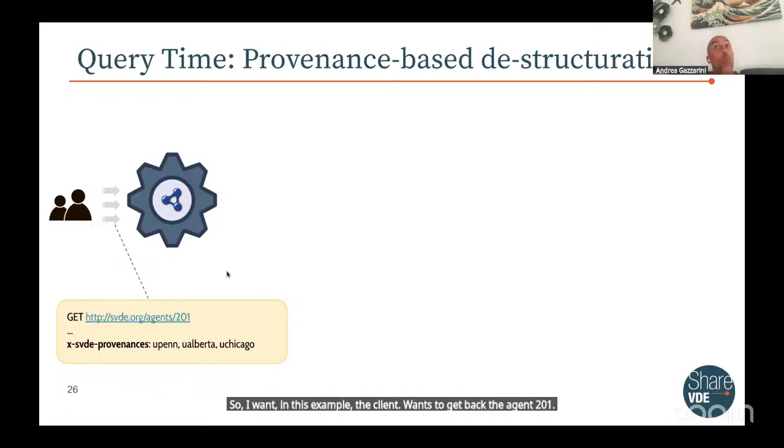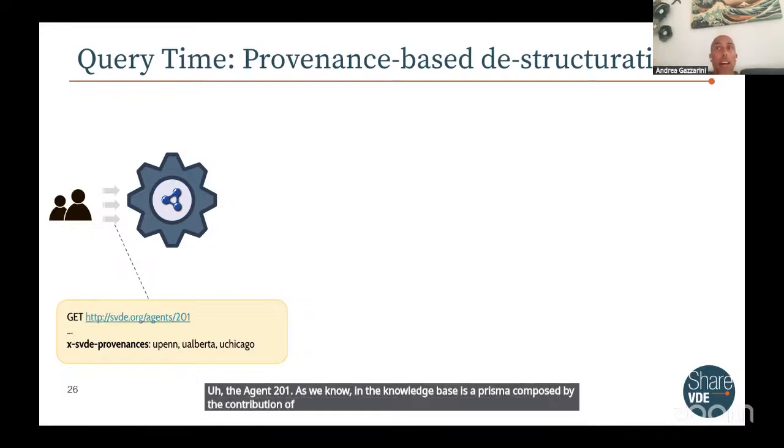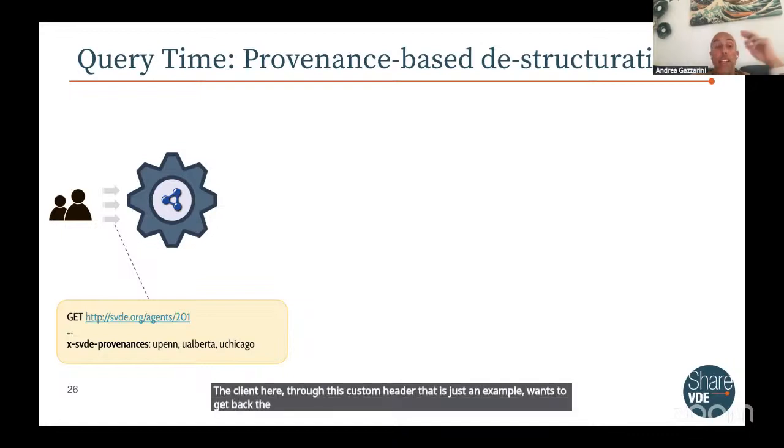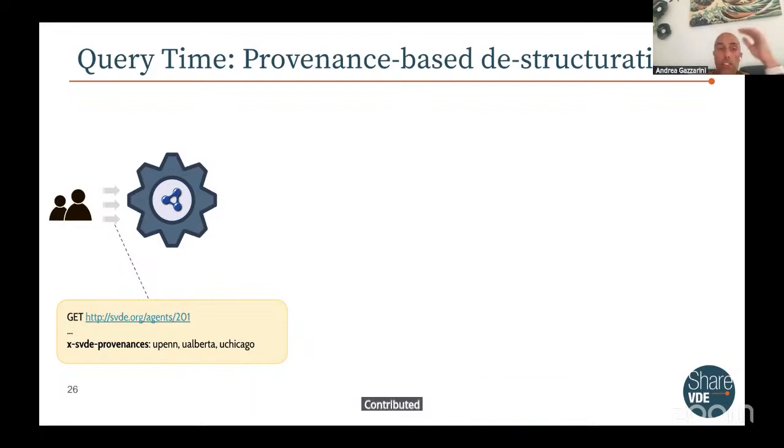The agent 201, as we know in the knowledge base, is a prism composed by the contribution of all libraries. The client here, through this custom header, but it is just an example, wants to get back the agent 201, but only the phases contributed by the University of Pennsylvania, Alberta, and Chicago.